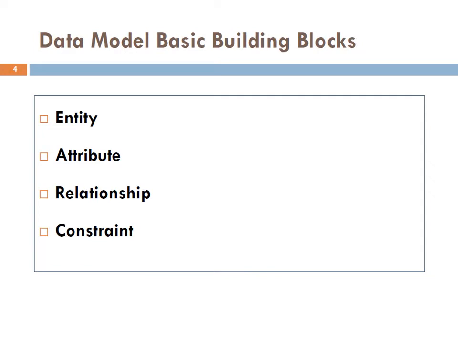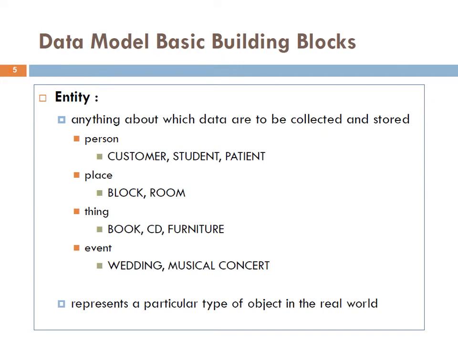These are the data model basic building blocks, which consist of entity, attributes, relationship, and constraint. An entity can be anything about which data are to be collected and stored, and it represents a particular type of object in the real world. For example, it might be a person, place, thing, or event.